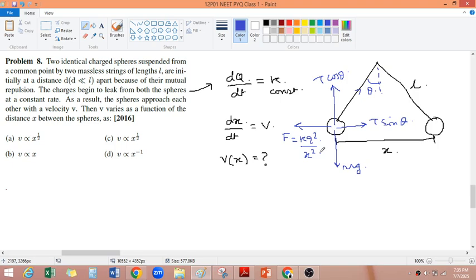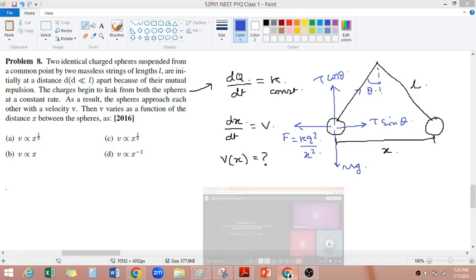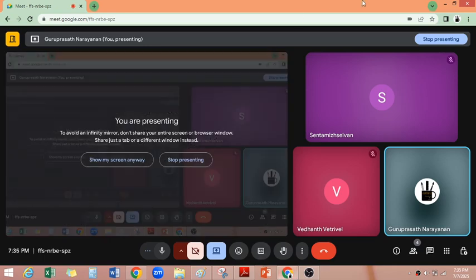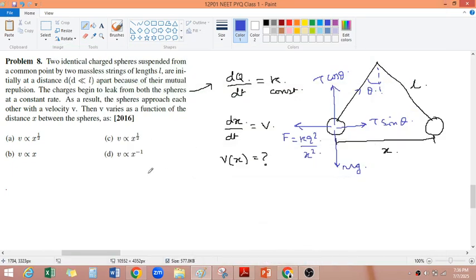Initially, even though the distance is d, kq squared by x square. So like what we did in the last class, you can write the two equations.